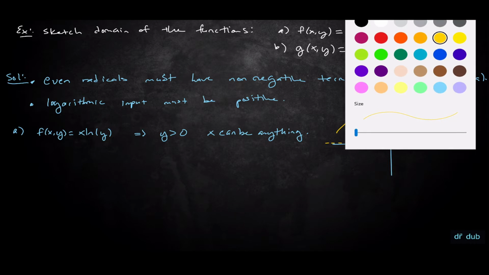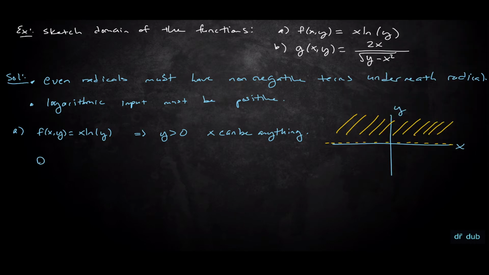So the domain D is the set of all ordered pairs x, y such that y is greater than 0, which is everything in the top half plane, not including the x-axis.